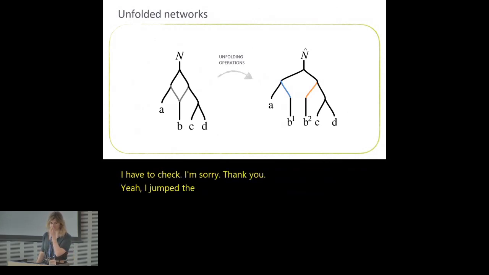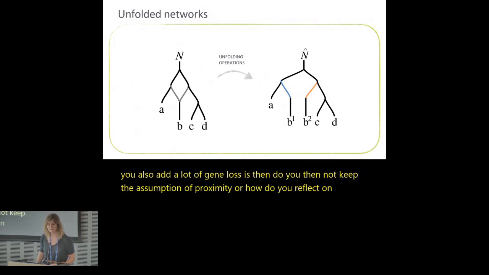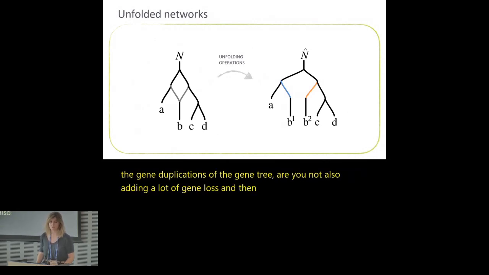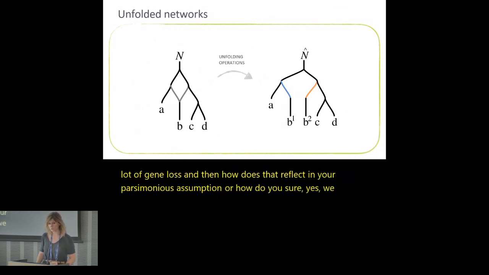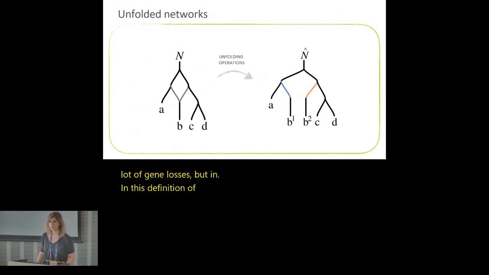So maybe I don't understand correctly, but if you move the gene duplications up, you also add a lot of gene loss. Do you then not keep the assumption of parsimony, or how do you reflect on that? Yes, we add a lot of gene losses, but in this definition of the problem, we don't count the gene losses, and it's a huge problem.